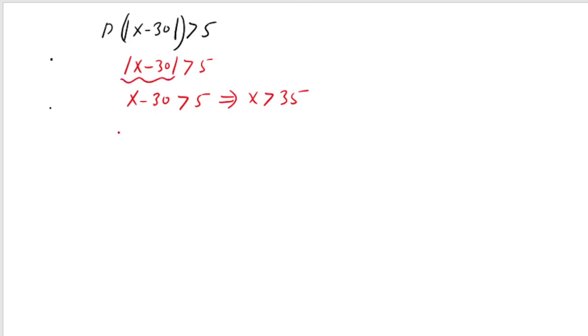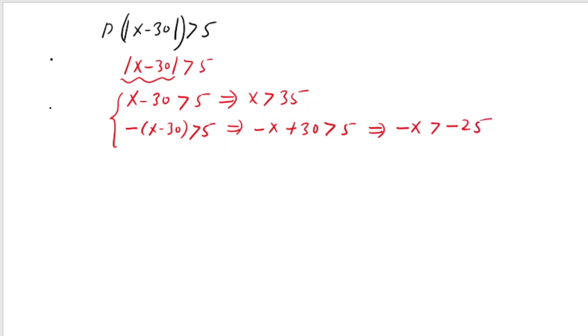And this also implies, meaning both of them come together, that minus of x minus 30 should also be greater than 5. So if I look at this, it will give me minus x plus 30 should be greater than 5. This will imply minus x should be greater than, I take 30 to the right hand side, that is minus 25. So basically this can be seen as x should be less than 25.